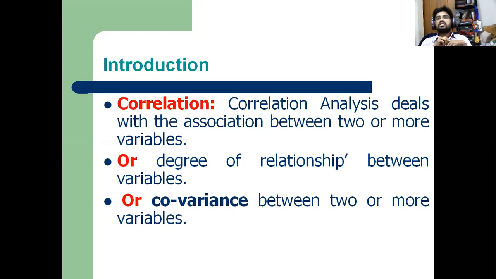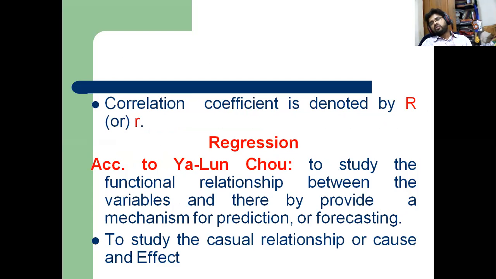Then covariance between two or more variables. As you know, when you are measuring the correlation, it is called the correlation coefficient. The correlation coefficient is denoted by capital R or small r. Where can we use capital R, and where small r?